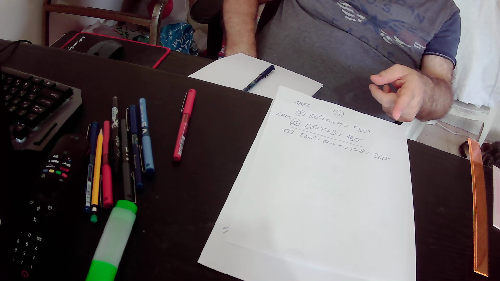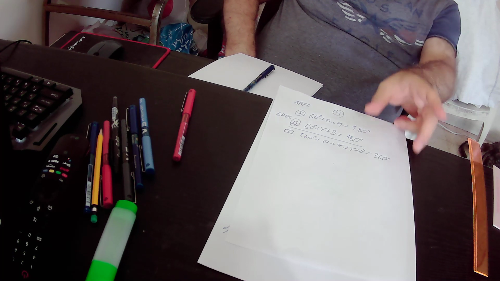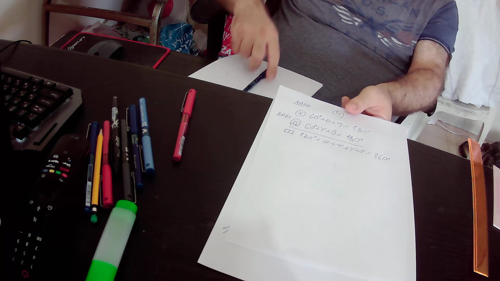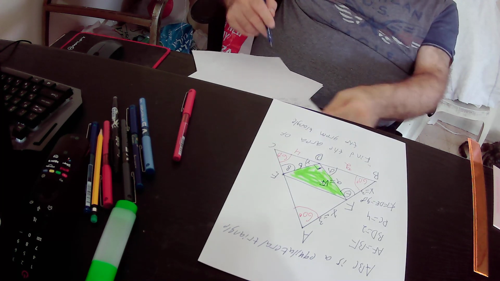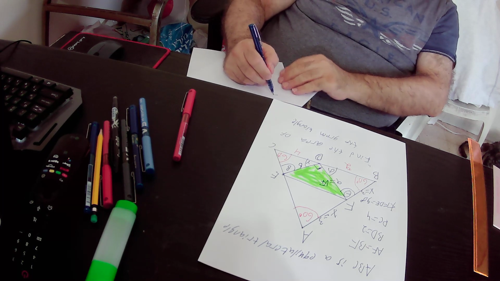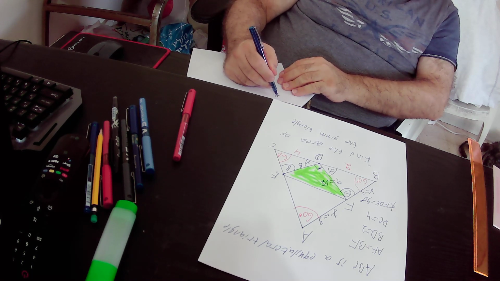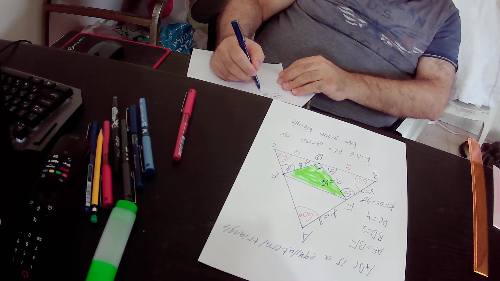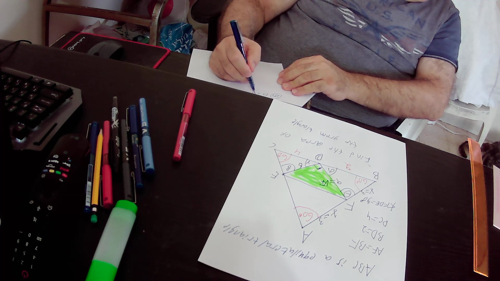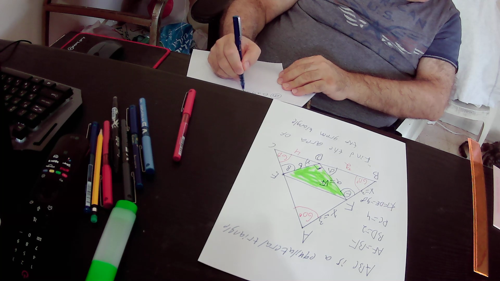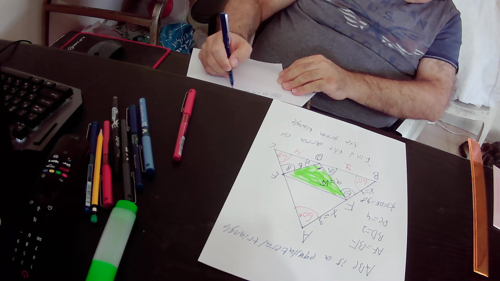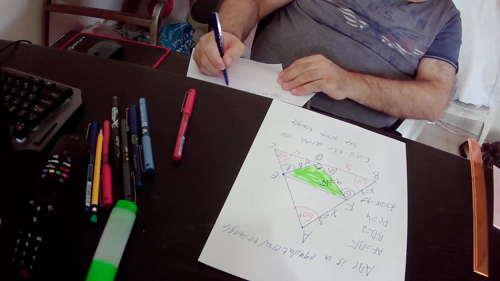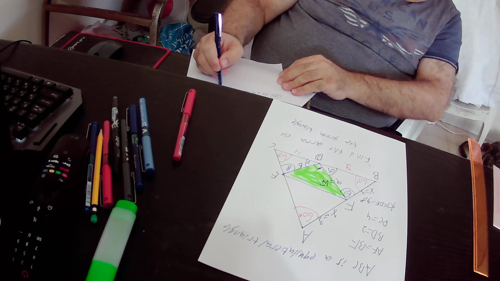We will subtract 120 degrees from this third equation and we will get that theta plus alpha plus gamma plus beta equals 240 degrees.